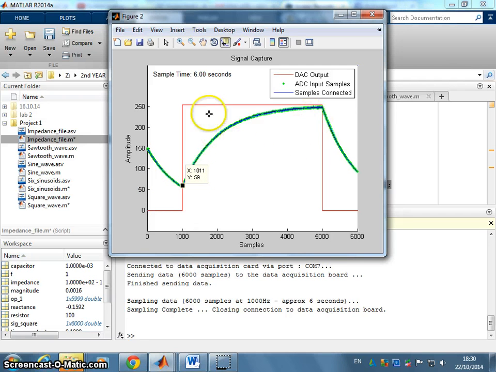And we can see after one cycle, which is one square wave, we reach 99.7, as far as I remember, percent of the voltage supply, or the voltage being sent in. So this proves that our RC circuit works correctly with square wave.